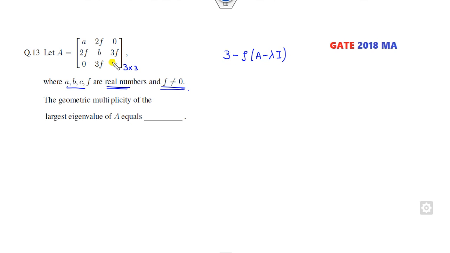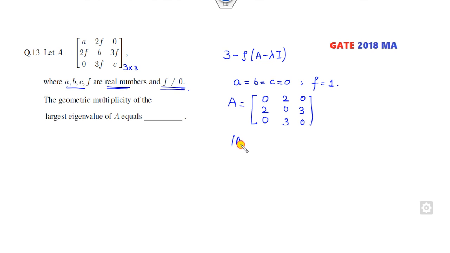Now since A, B, C can be any real numbers, for the sake of simplicity I can take A, B, C all as 0, and F is non-zero. I can consider this F as 1, so that my calculation will be simple. Then the matrix will be 0 2 0, 2 0 3, 0 3 0.